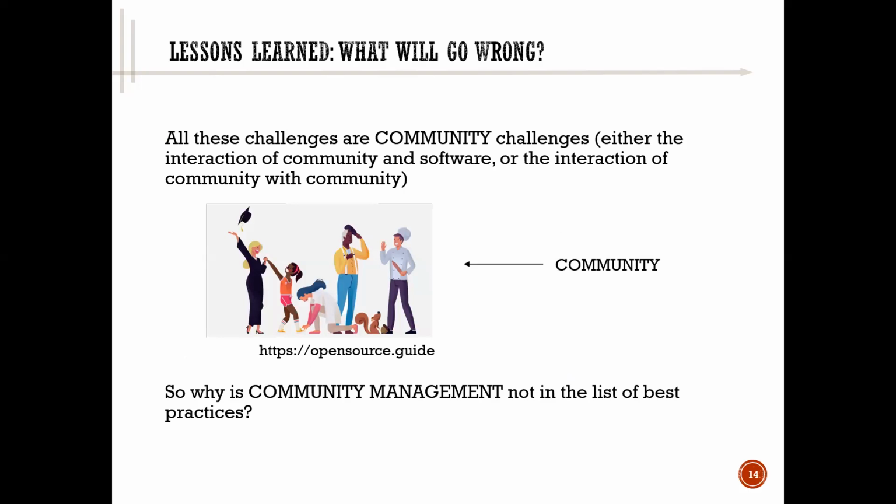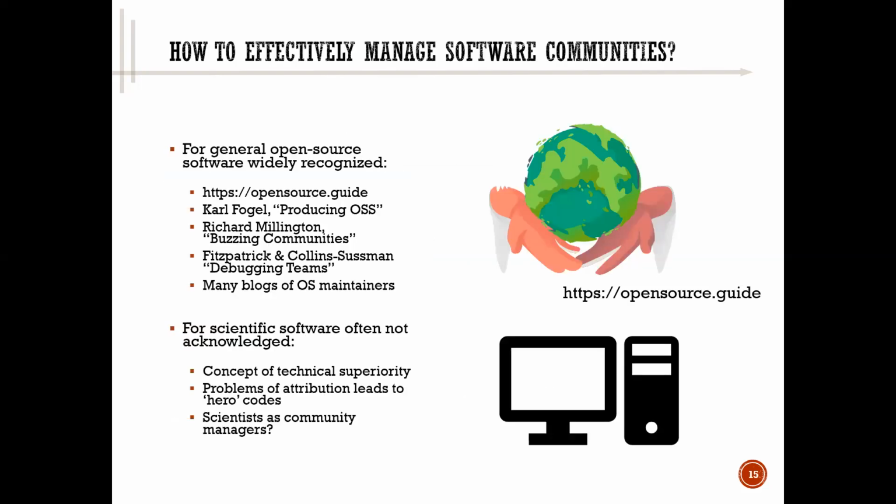So this led to the question, why is community management not in the list of best practices that I showed you earlier? Why is it not one of the common things that scientific software projects should do to follow best practices, to be a recognized successful software project? And this is all the more surprising because for general open source software projects, this is actually widely recognized.